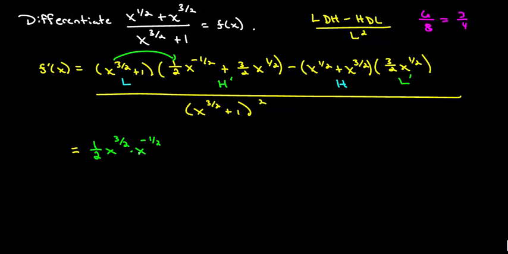And we'll be able to add those guys together in a minute. Then we're going to take this guy and bring it in to the next term. And so that's going to be plus 3/2 x to the 3/2 times x to the positive 1/2.